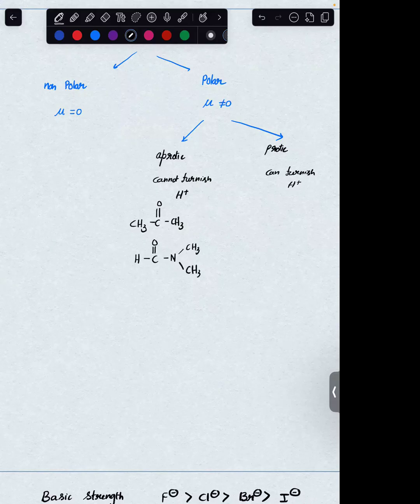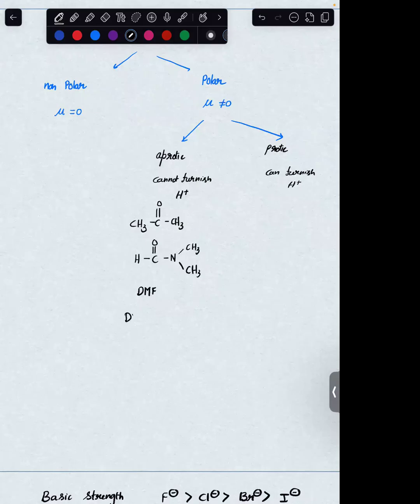This is known as DMF, which is again a standard polar aprotic solvent. It's a polar solvent. I hope every one of you will agree it's a polar solvent. And it is an aprotic solvent because the hydrogen is not connected to either nitrogen or oxygen or fluorine. Hence it is a polar aprotic solvent.